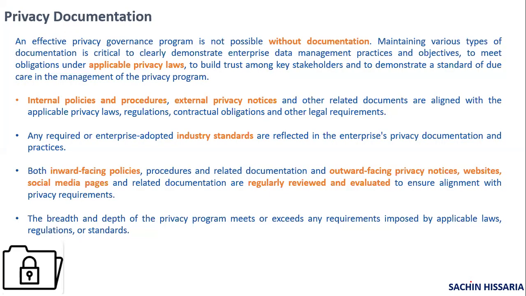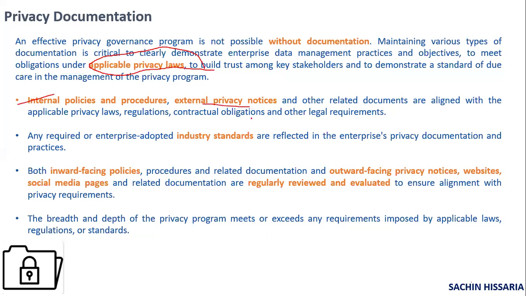Now we will discuss privacy documentation. Guys, in order to manage privacy, it is very, very important that we document whatever is required as per the applicable privacy law. To meet the obligations under the applicable privacy law, the company needs to document certain things, for example internal policies and procedures and external privacy notices.